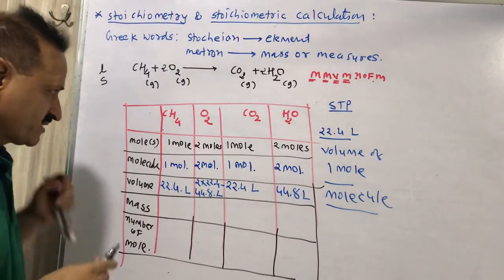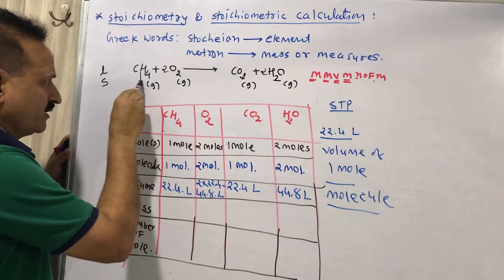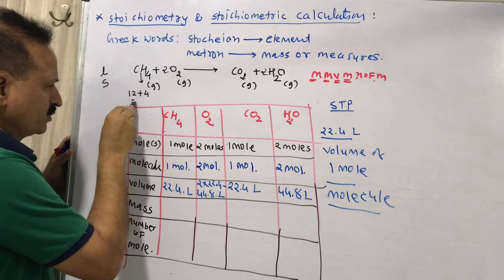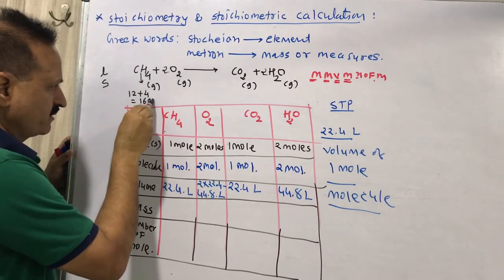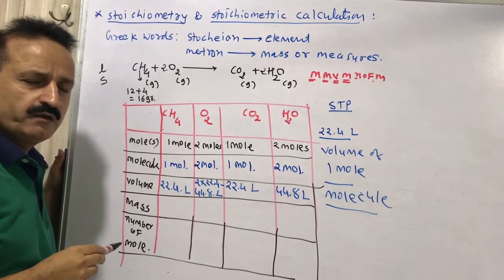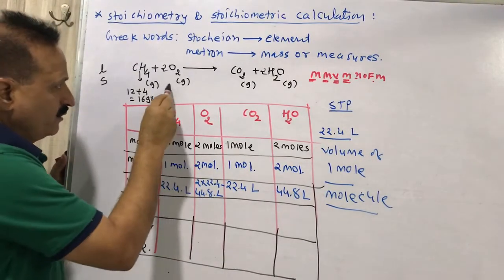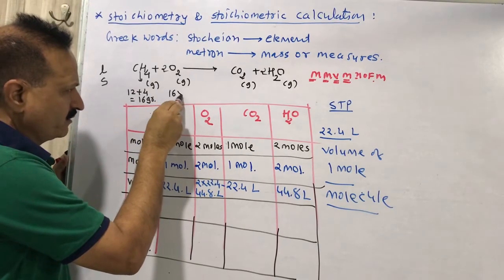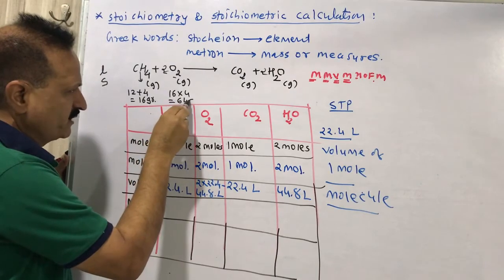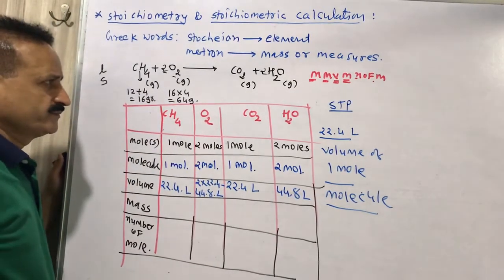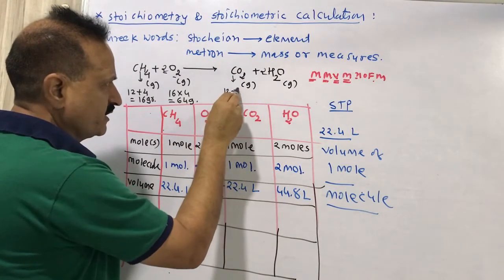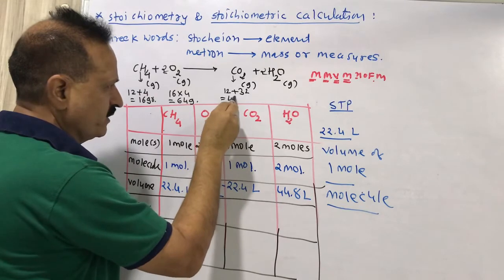Now mass. The mass of CH4 is what? Carbon is 12, 4 hydrogen is 4, so it is 16 grams. I am taking only round digits, not taking decimals. For O2, 1 oxygen is 16, total 2 oxygen, 16 twos are 32 grams. Carbon dioxide: carbon is 12, 2 oxygen means 16 twos are 32, so it is 44 grams.